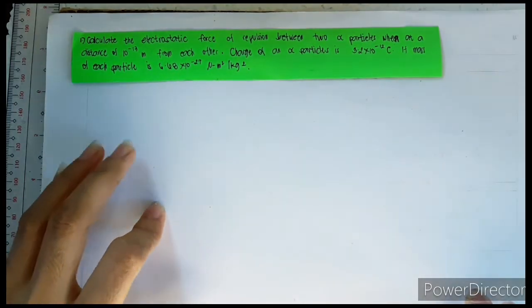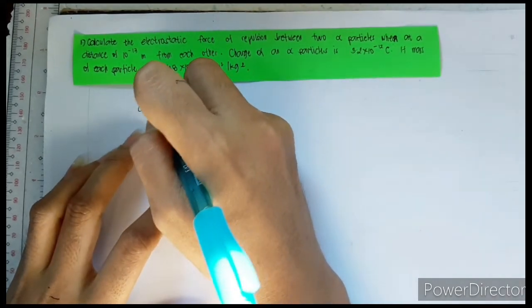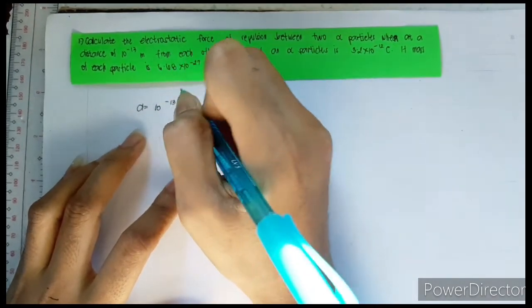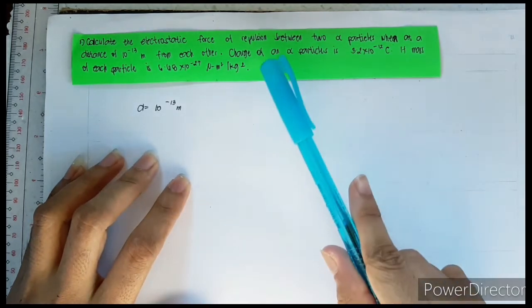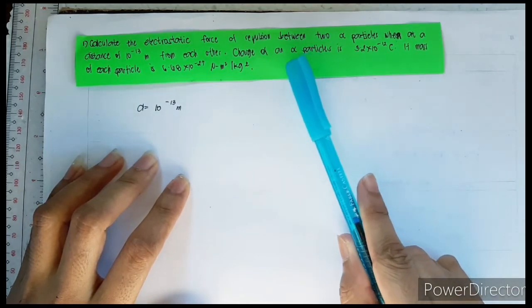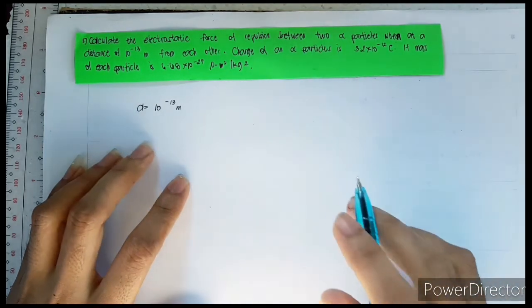So first, let's have the given. The given distance D is equal to 10 raised to negative 13 meter. And for the charge of the alpha particles, we have here Q1 is equal to Q2. Why is it? It is because the problem says alpha particles, and when alpha particles, it means that the charges are identical.